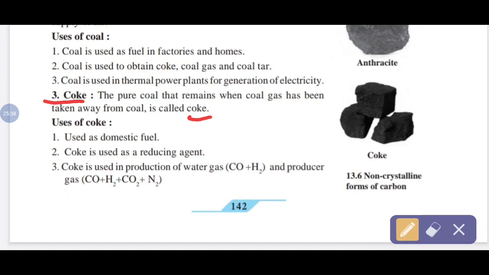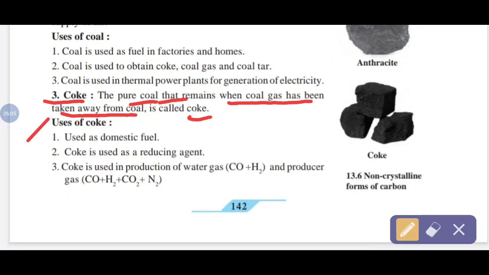The pure coal that remains when coal gas has been taken away from the coal is called coke. Only uses are given here.